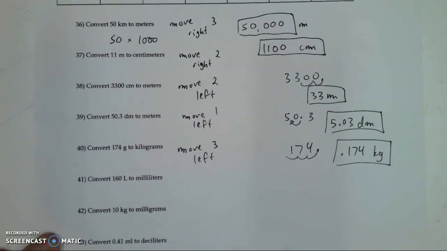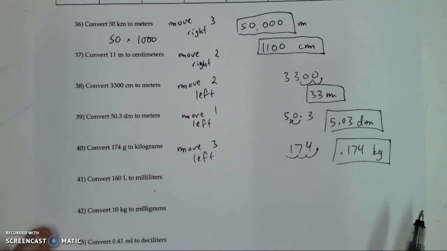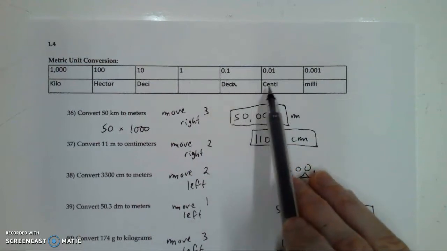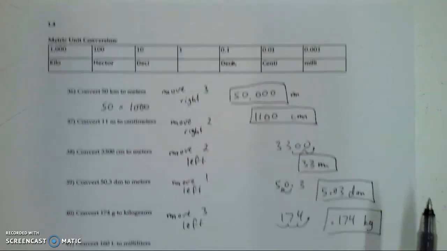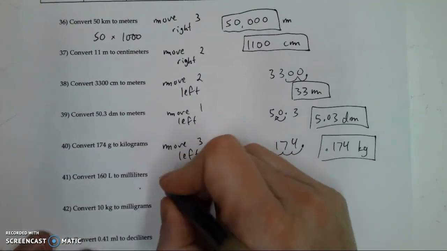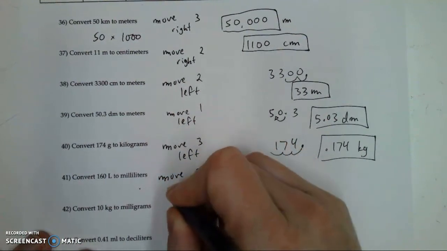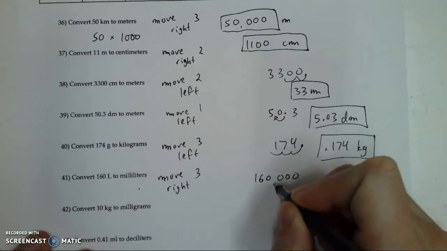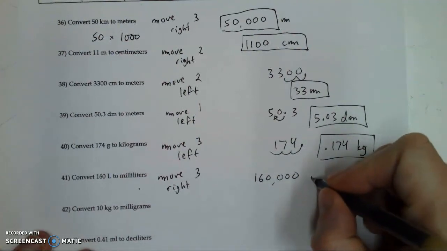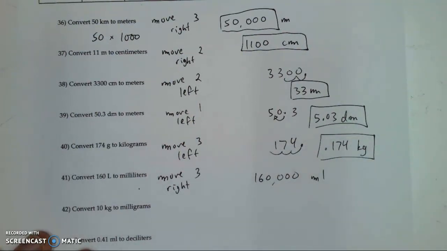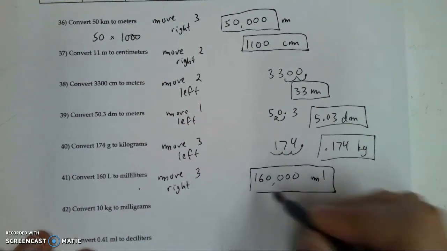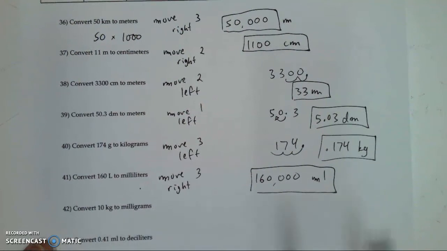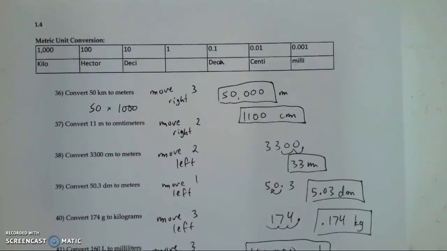So liters to milliliters. So here I'm going to start, and I'm going to go 1, 2, 3 to the right. So I'm going to move 3 to the right. So 160, I'm going to add 3 more zeros on that, and I get 160,000 milliliters.